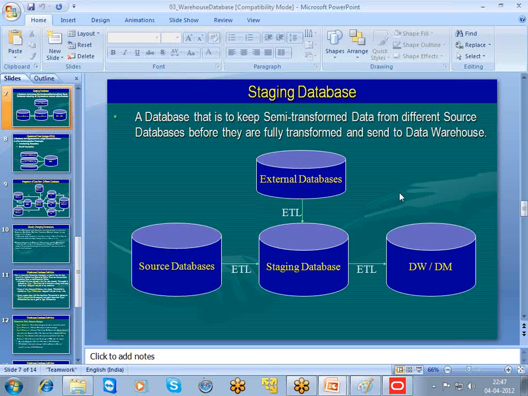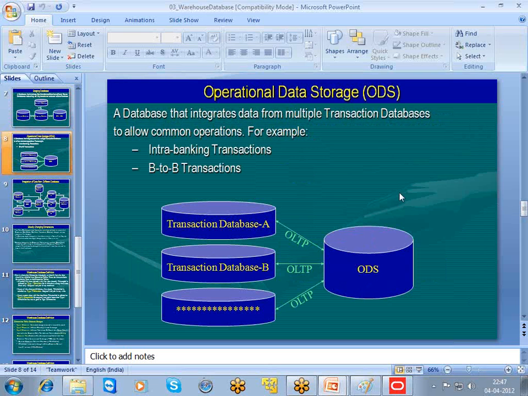Another term you come across is ODS, operational data store, or as some people call it, operational data source. Actually, it should be called a store only, because it is a storage area. You should call it operational data store.